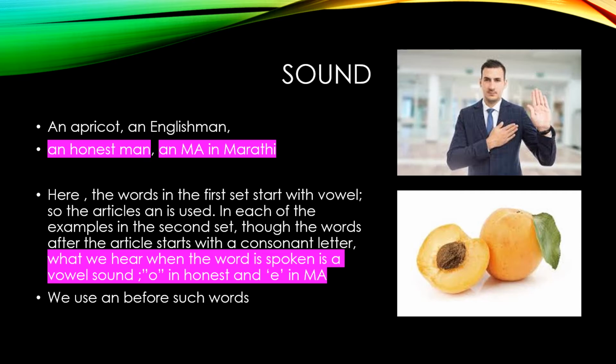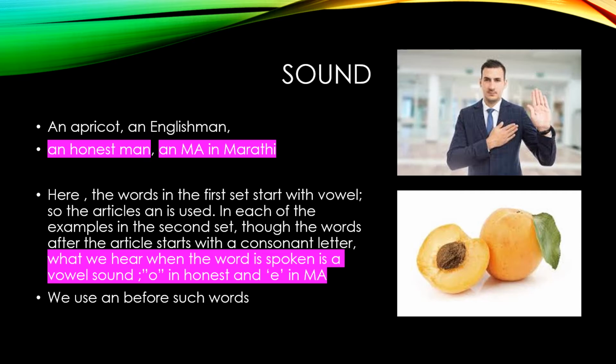So now you would be thinking, why are we using an before honest when honest starts with the consonant H? That is because the word in the first set starts with a vowel, so the article an is used.